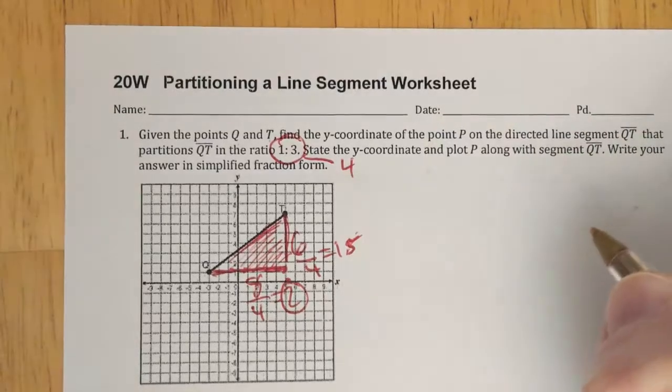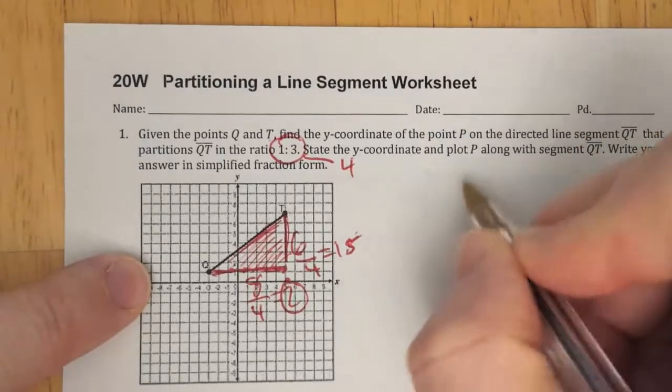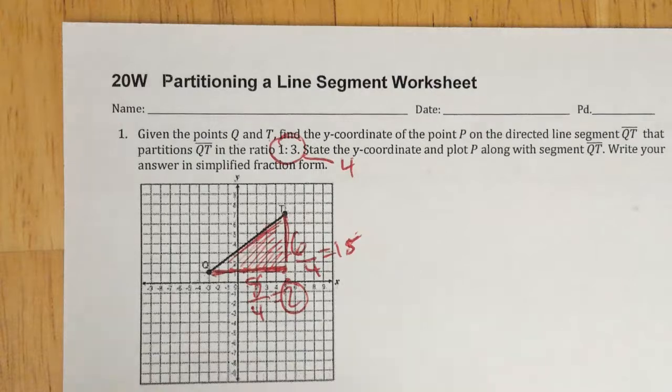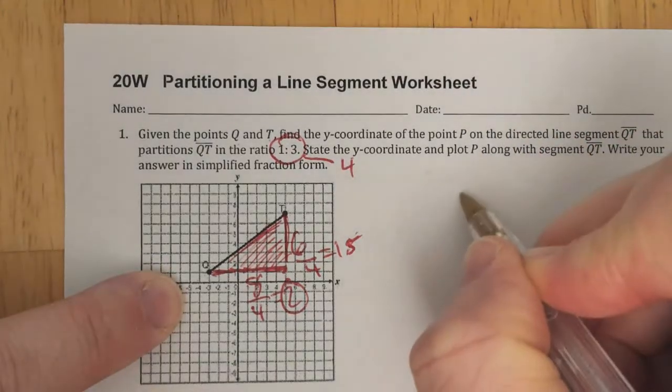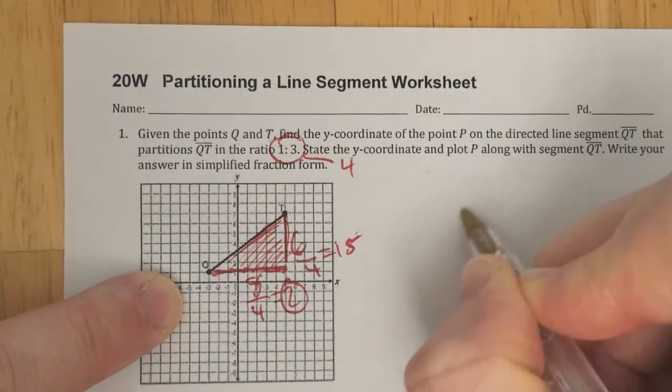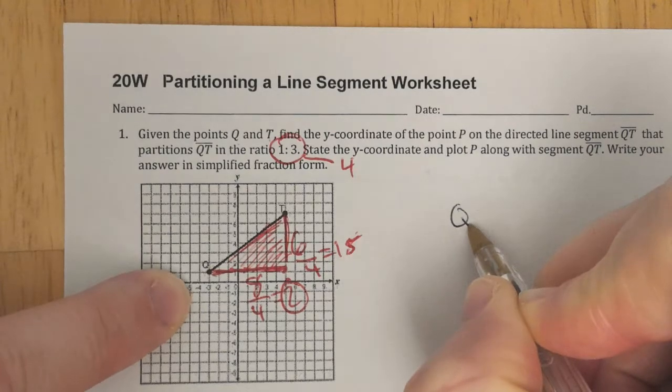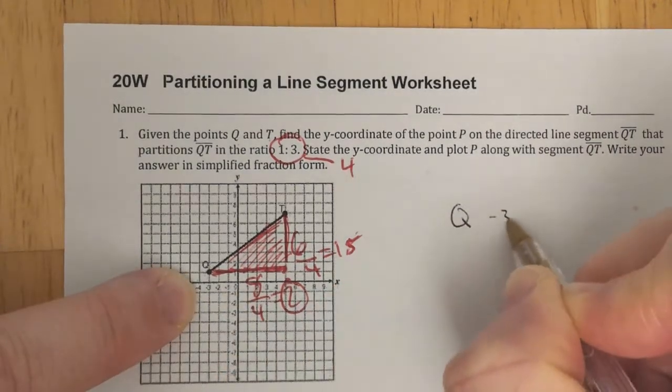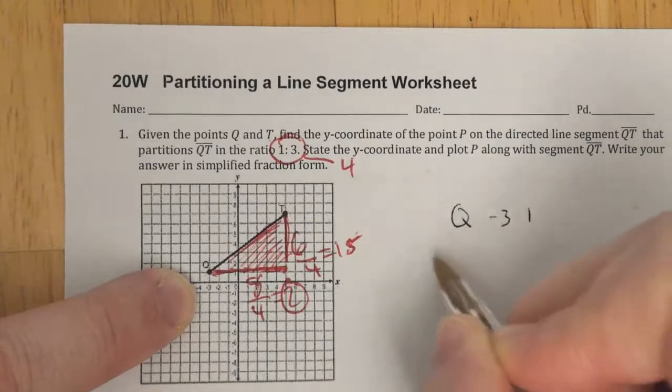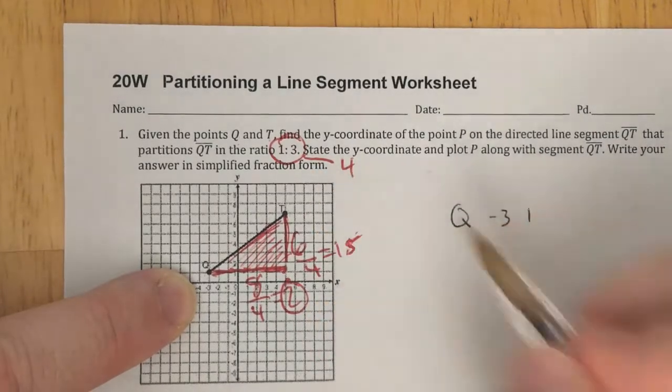All right, so now take your coordinates. So if I start at Q, is it Q? Yep. So Q, leaving some space at the top, we have Q, which is at -3, +1, and we're going to go 4 hops.